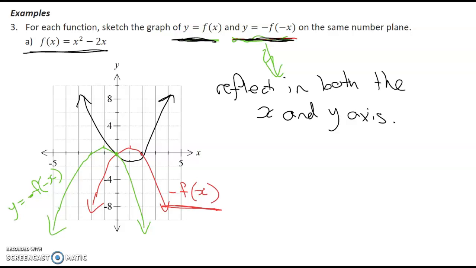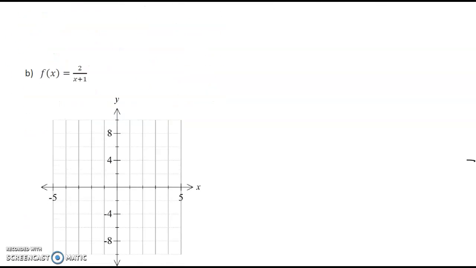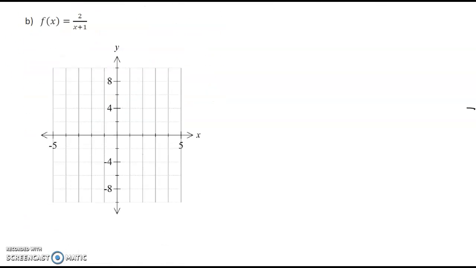So let's look at another example. f of x is 2 on x plus 1. Okay, so we've got a hyperbola here. The 1 on the bottom means that x cannot be minus 1. And so if we were going to draw this original function, it would look something like this.